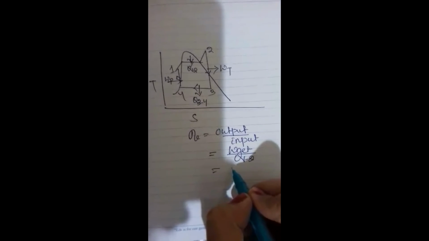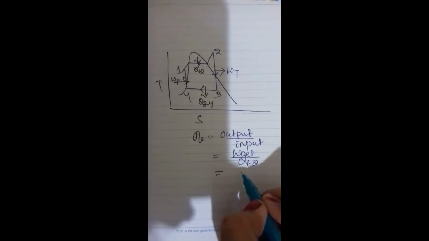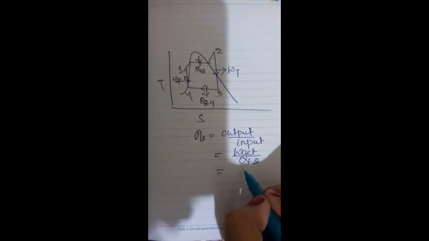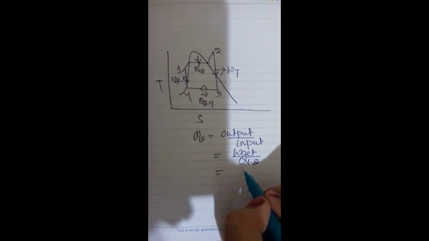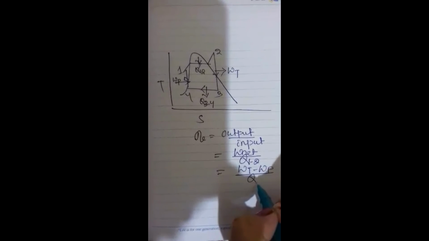W net will be the positive work minus the negative work, that is, positive work is the work output from the system, and negative work is the work given to the system in the pump. That is, WT minus WP divided by the input energy, which will be our heat in the boiler, Q1-2.